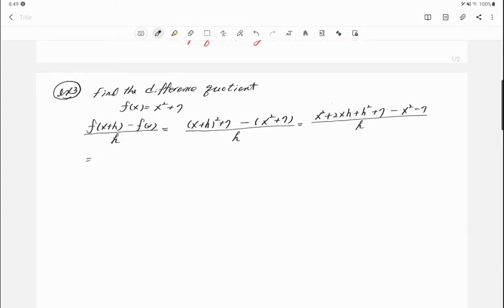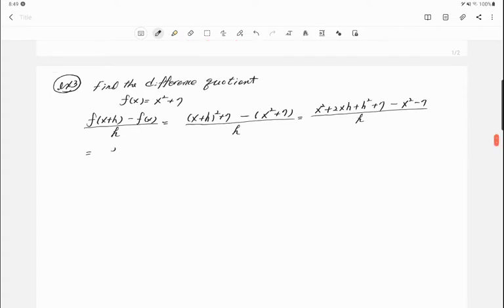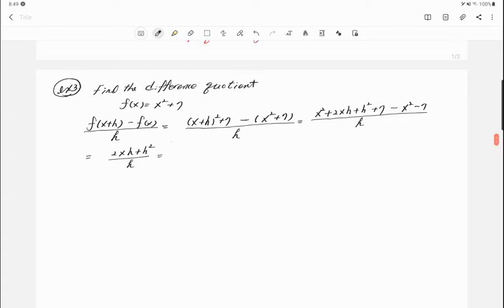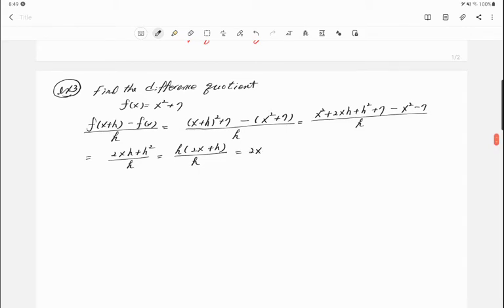So x squared cancels out, and the 7 and negative 7 cancel out. So we have only 2xh plus h squared over h. Then we can factor out h, so h times 2x plus h over h. Then we can cancel out h. So we have only 2x plus h. Right?